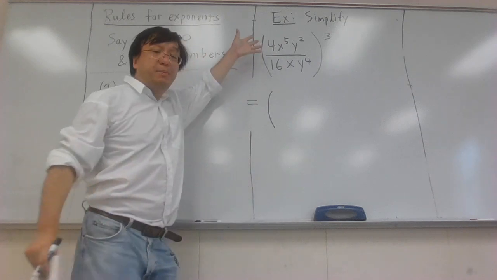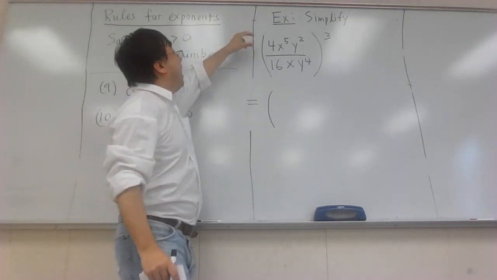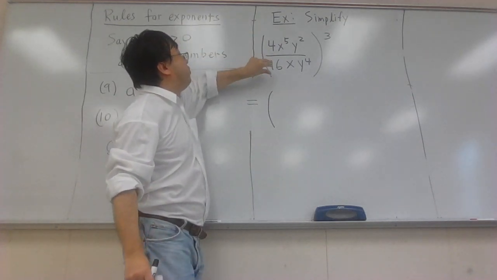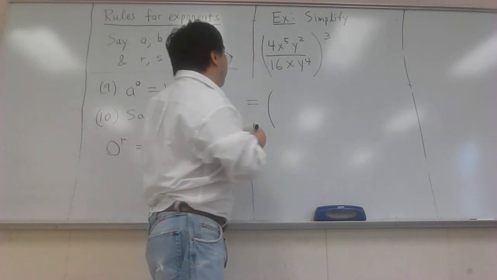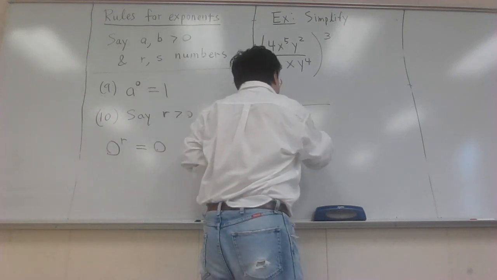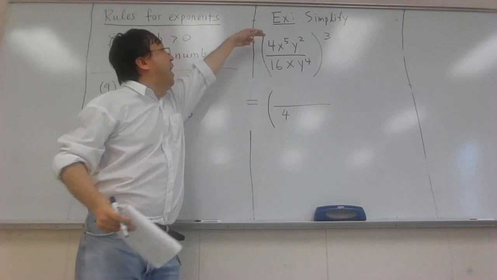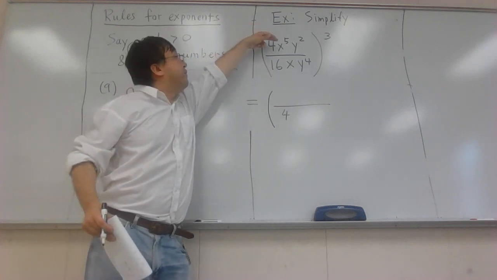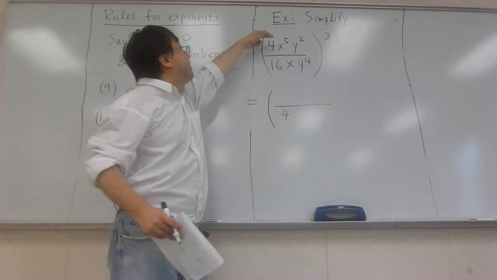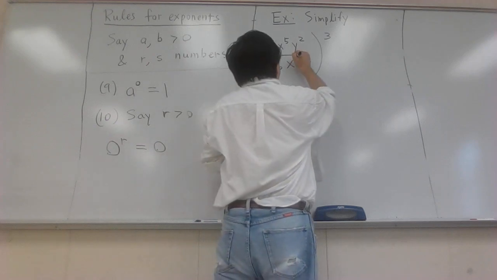Towards simplifying the stuff inside the parentheses, 4 divided by 16 is 1 over 4, so I get a 4 in the bottom. Over here, I have x to the 5th divided by x, or x to the 5th divided by x to the 1.